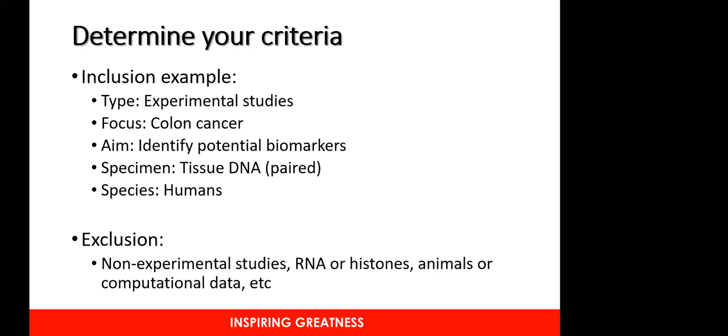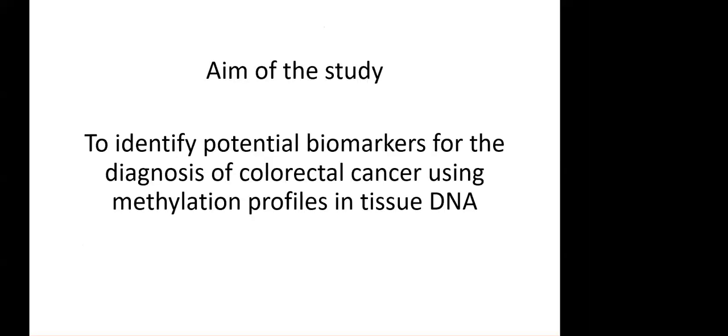And then you can also have your exclusion criteria, which would possibly be non-experimental studies or studies investigating the same thing, but using RNA or histones or animal studies or computational data and all that. And this whole process that we went through is what you would explain in the method section of your paper.